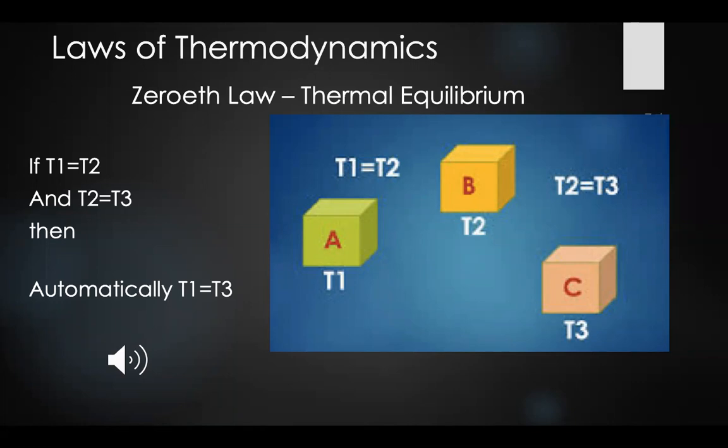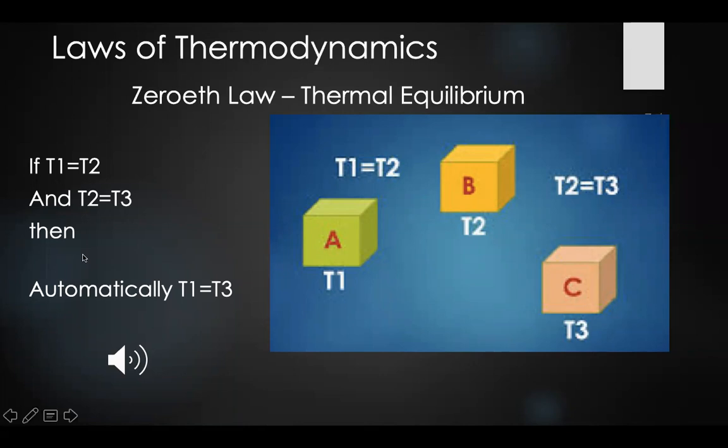If the temperature T1 of A is equal to the temperature T2 of B, and temperature T2 of B is equal to temperature T3 of C, then the temperature of A and temperature of C are both equal, that is T1 is equal to T3.